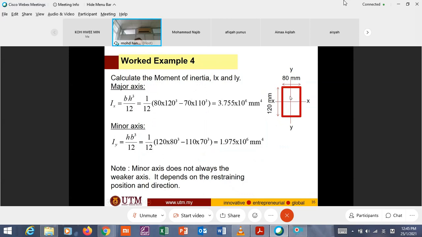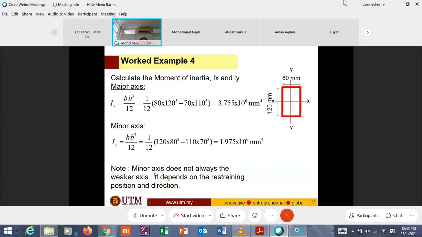The size of the hollow is 70 by 110. 70 is 80 minus 10, and 110 is 120 minus 10. And for minor axis, Iy equal to 1.975 to the power of 6.